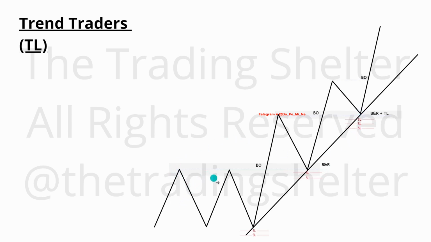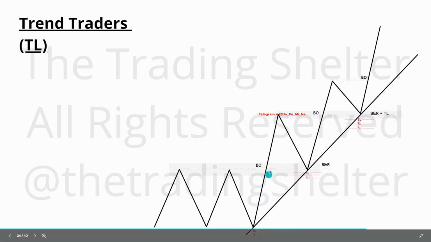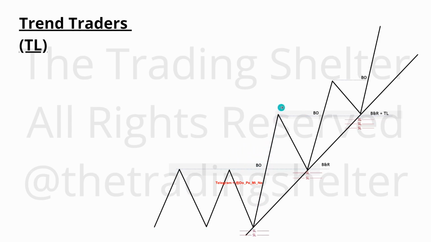So you have a range, making a new high, breakout traders entering. You then have a second retest of the trend line, break and retest traders entering, and price moves higher. New breakout traders entering, price retests the trend lines, new break and retest traders entering, plus the third touch of the trend line.